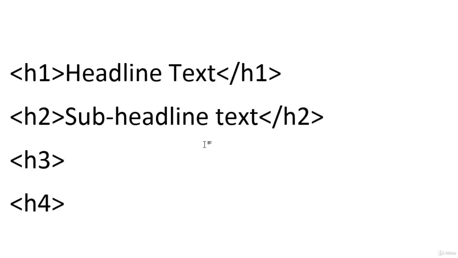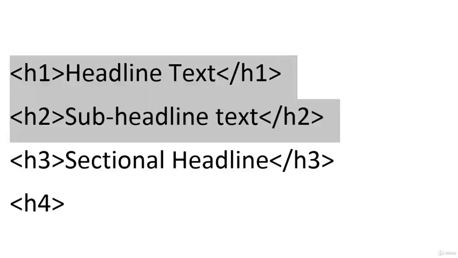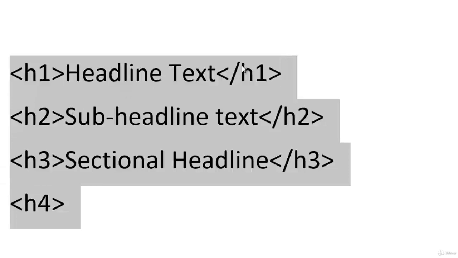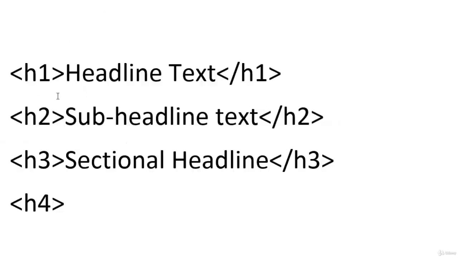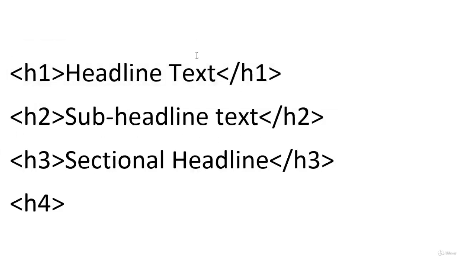And this could be something like a sectional headline, and we close it off with H3. So as the number gets bigger, the heading gets smaller, but it's still a headline. Now, when Google comes along and reads these headlines, they say, okay, this is a headline. This is a headline. This might not be as important as this headline. We don't know exactly, but that's what we've seen.